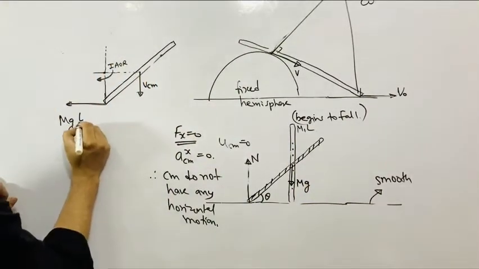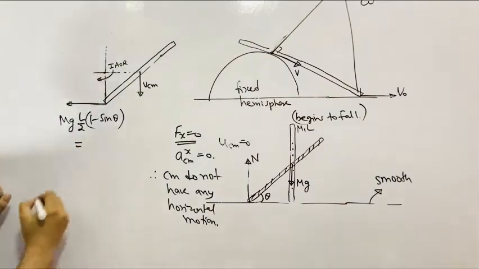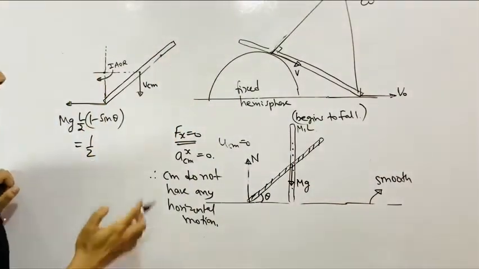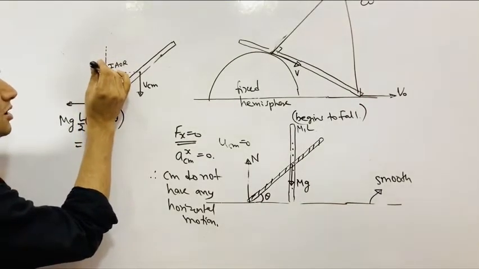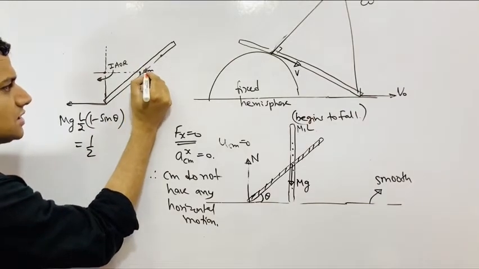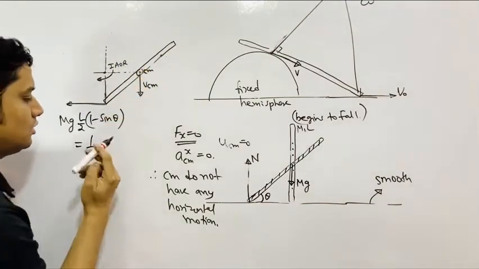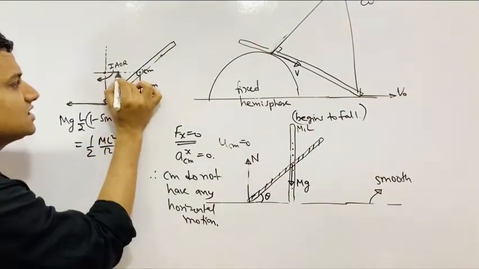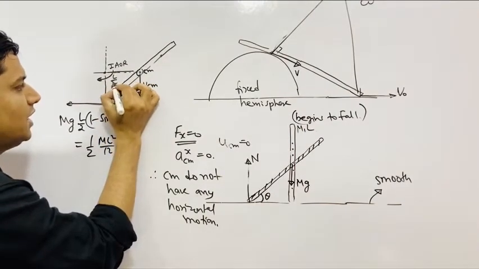So mg L by 2 into (1 minus sin theta) must be equal to half moment of inertia about this axis into omega squared. How to get the moment of inertia about this axis? I know the moment of inertia about the center of mass axis, which is ml squared by 12. Plus, I know this distance: if this angle is theta, this is L by 2 cos theta.